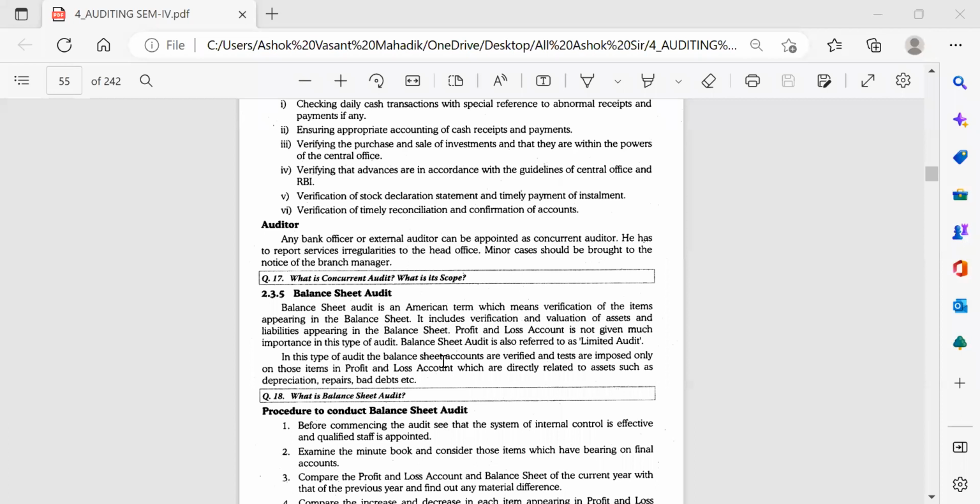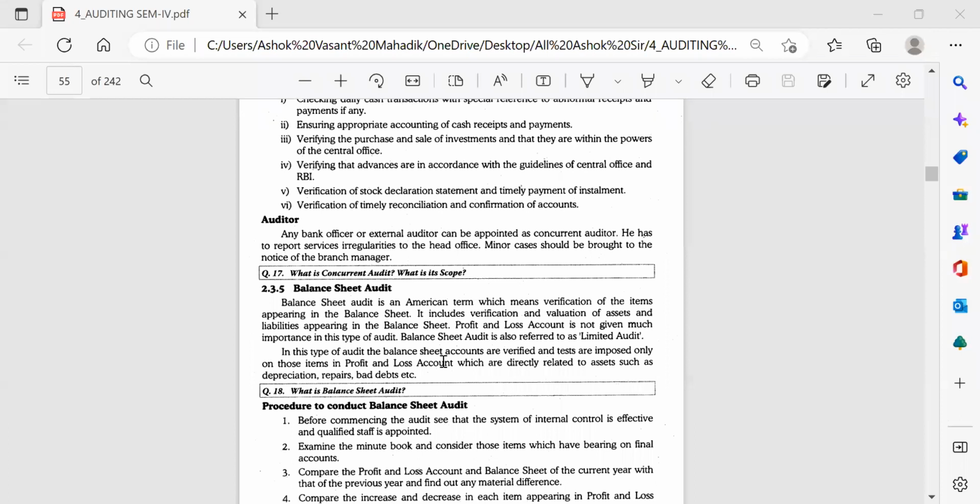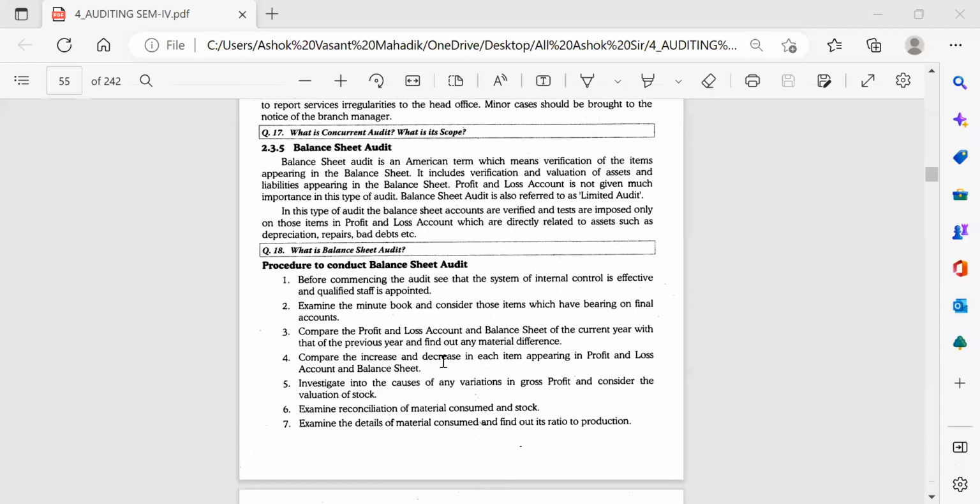So balance sheet audit, as the name suggests, the auditor focuses mainly on balance sheet items. The balance sheet items like assets and liabilities are checked in detail. So it's called balance sheet audit. In India, this is not very prevalent. This is prevalent mostly in European countries and America.